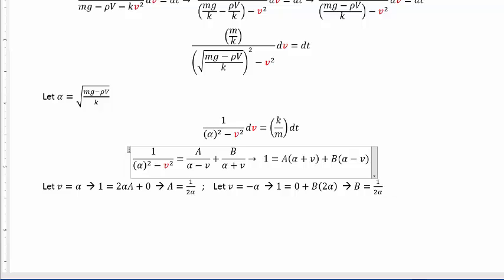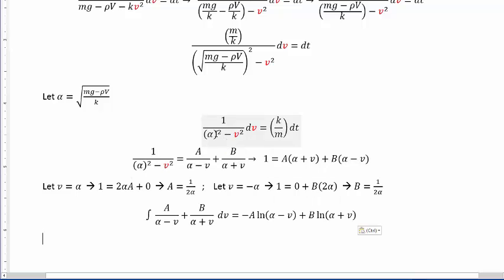So now that we know that, we would be ready to integrate the left-hand side over here, which is the sum of smaller fractions, and these fractions have linear terms in the bottom, so we can just do a simple u substitution to get our ln's.